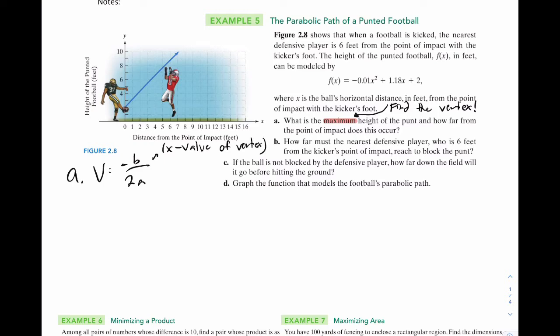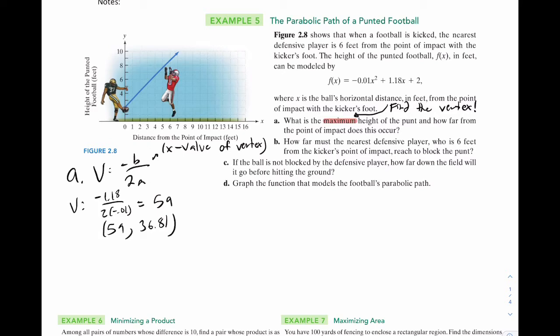So if we were to plug it in, we could just write negative 1.18 over 2 times negative 0.01. Plug that in your calculator, and we're going to get 59, which is the x value. And we plug in 59, and then we're going to get 36.81 for the y value. Right, so we could go through all of that, and we can answer the question.